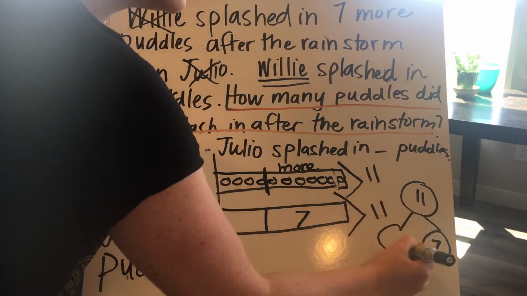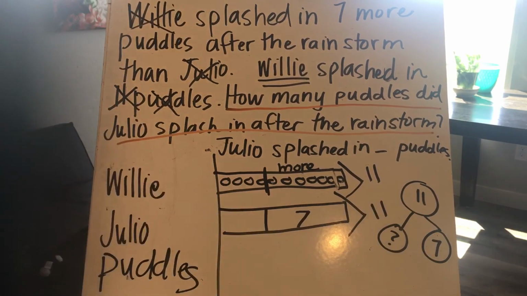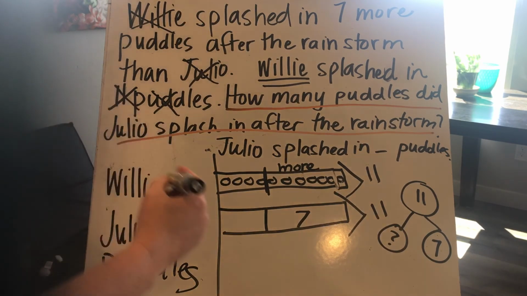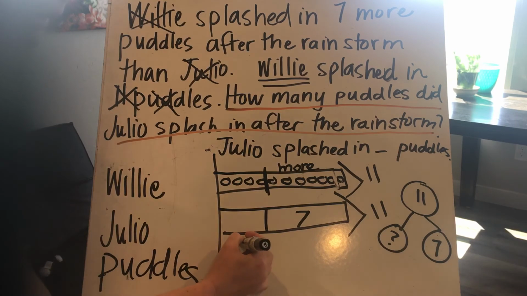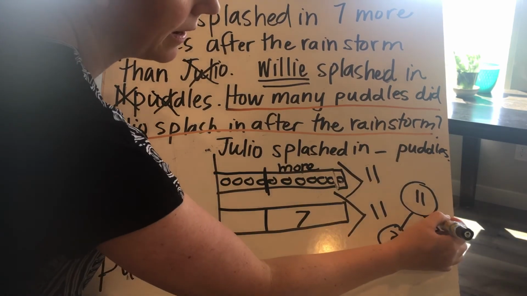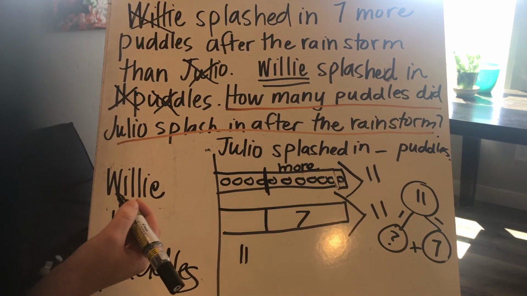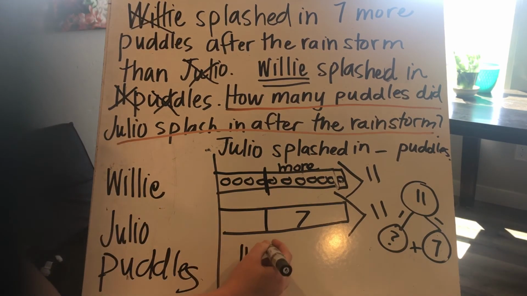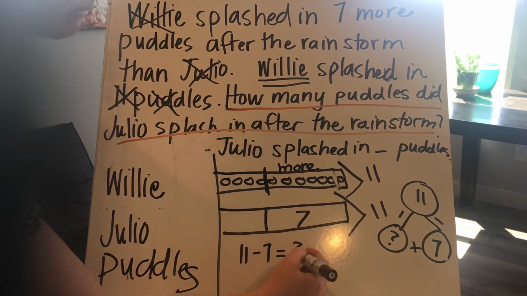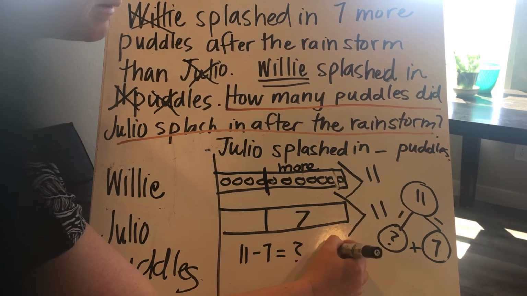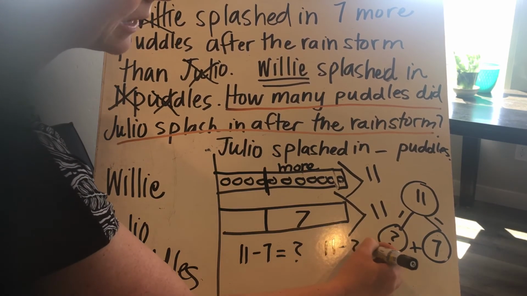And Julio, we still don't know. Now, if we take that back into our problem, Talis, can you be a little bit quieter, please? So we could say, okay, 11, we'll do our minus and plus. We can put our fact family together. 11 minus 7 equals a question mark. 11 minus the question mark will equal 7.